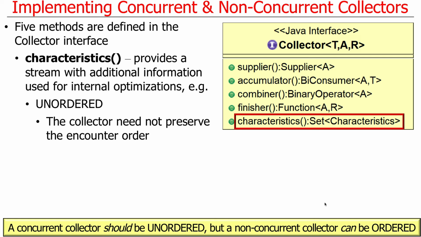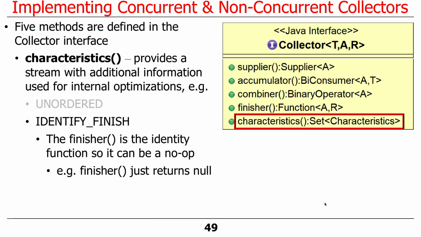In general, a concurrent collector should be unordered, but a non-concurrent collector could be ordered. Actually, in many cases, it doesn't really matter because it's just as fast to do it in order as unordered, but in some cases it matters, and concurrency is a good example of that.